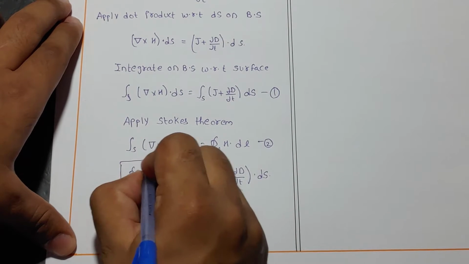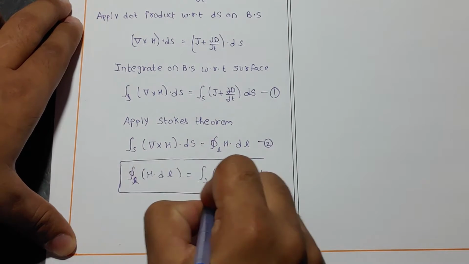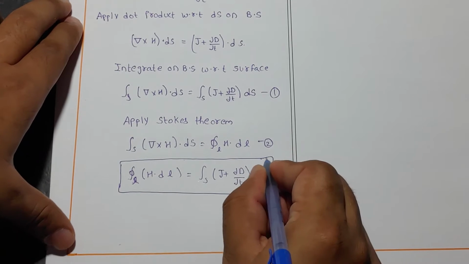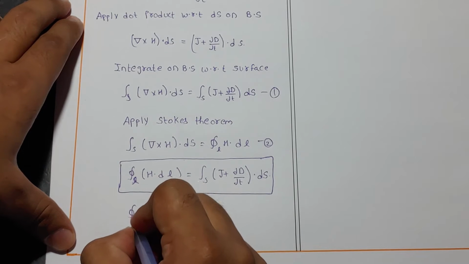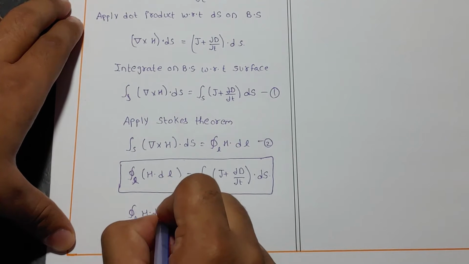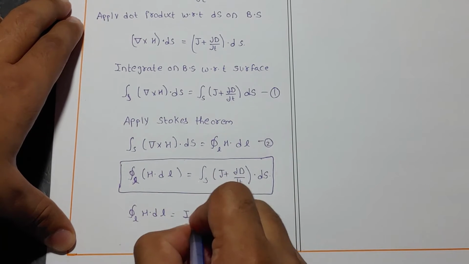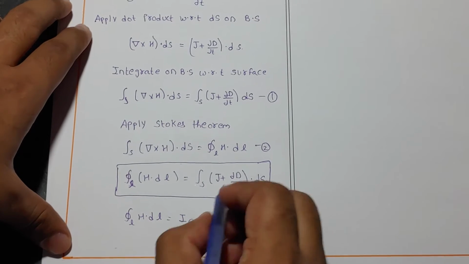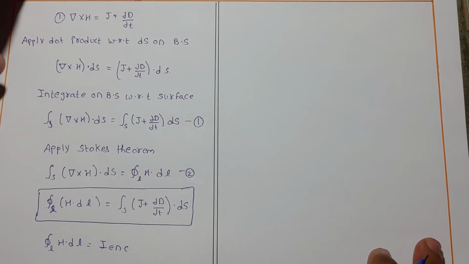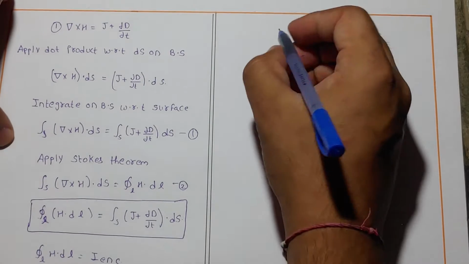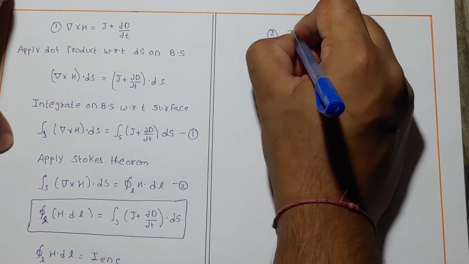This is the Maxwell's first equation in the time varying field in the integral form. This could be simplified as closed line integral of H dot dl is equal to current enclosed, as this is the conduction current density.